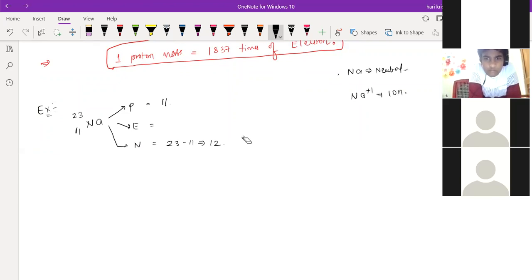Do you understand the difference between neutral and ion? Here it is 11 minus 0, because there is no charge on the sodium, so the total is 11 only. Clear now?